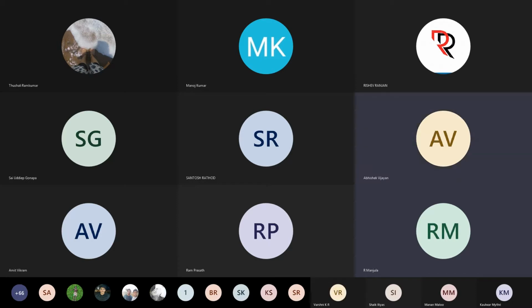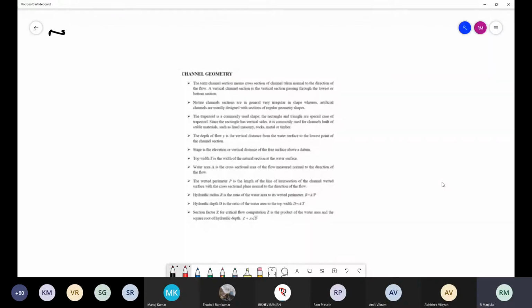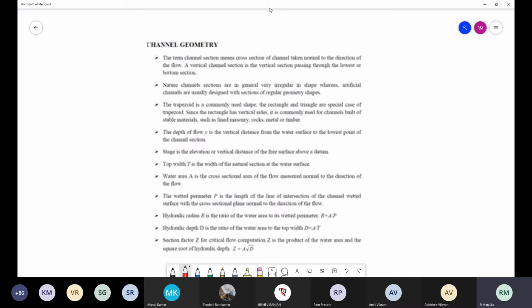The screen is not shared. So here you can see natural and lined channels.